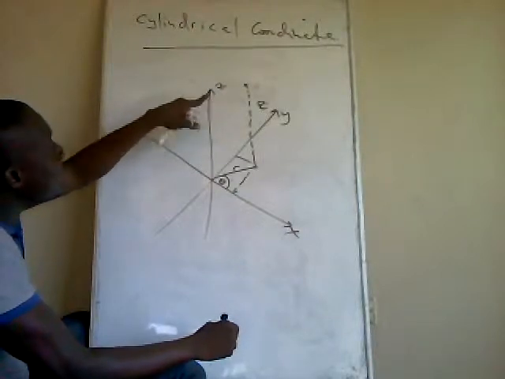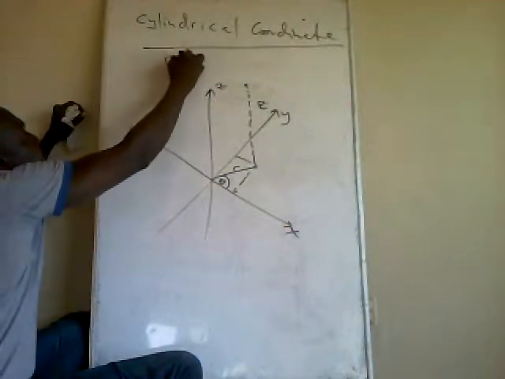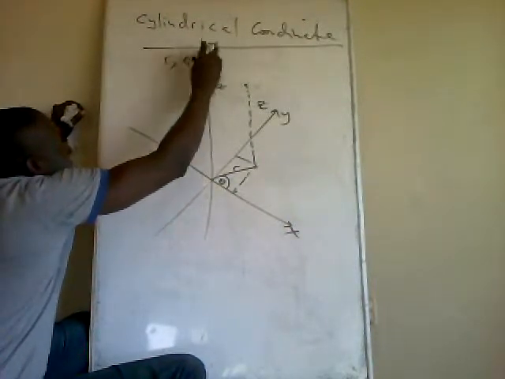So we say that cylindrical coordinate is characterized by r, theta, and z.